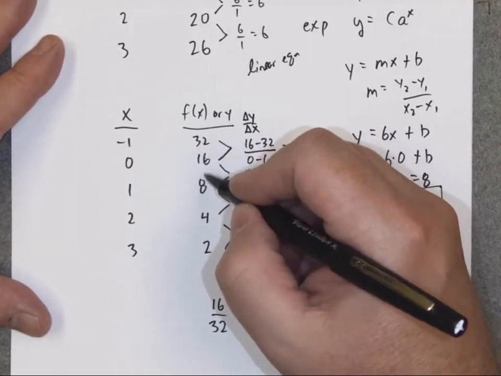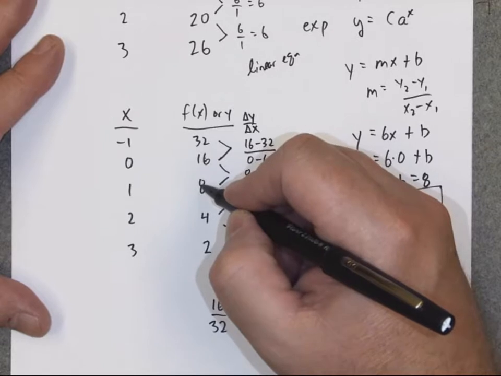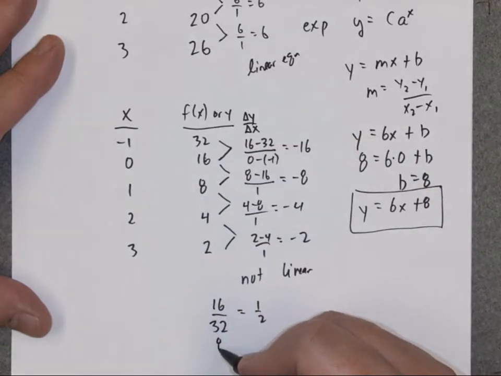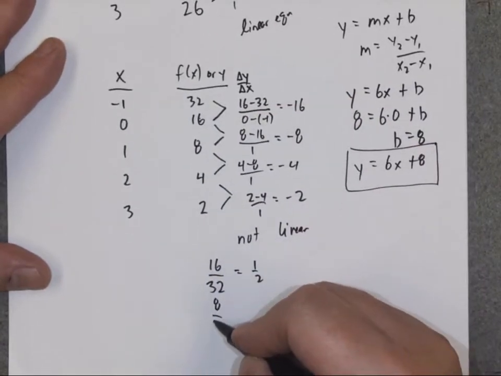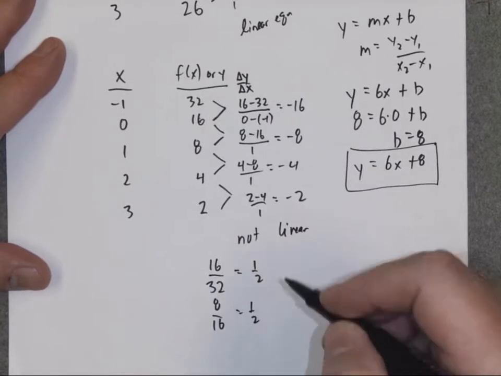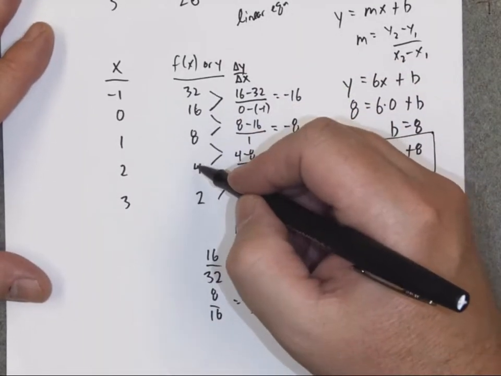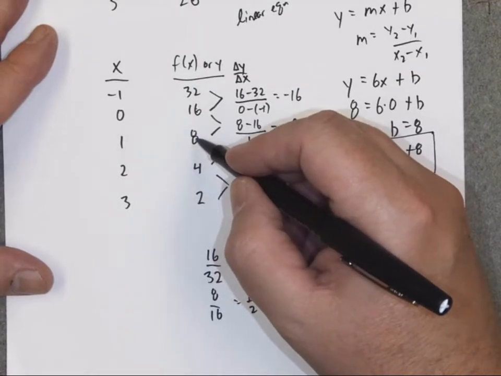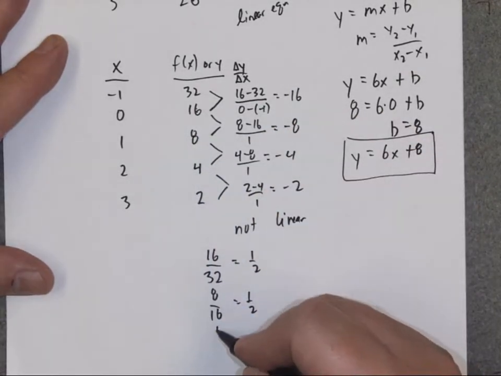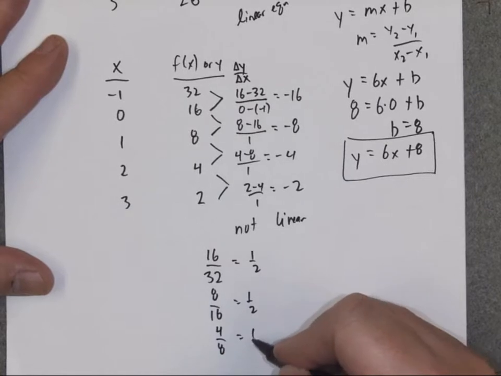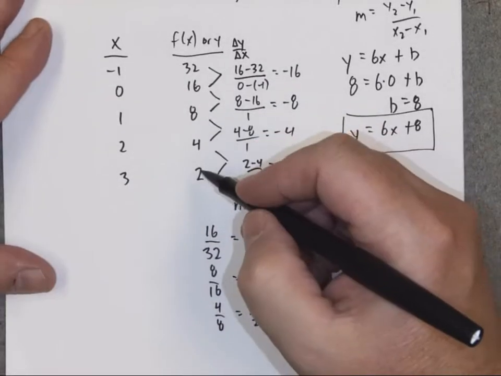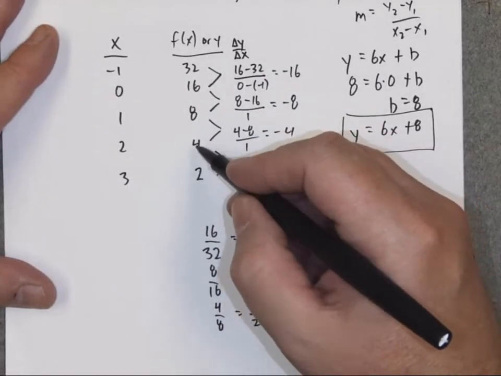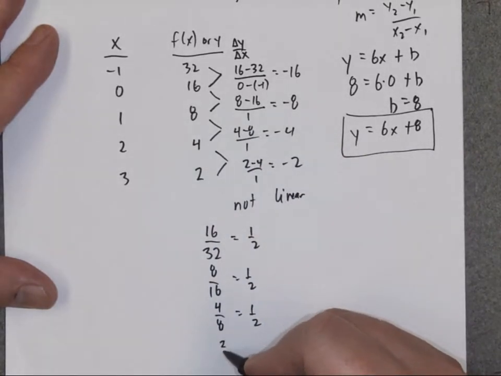Now if I compare these 2 points, I take the final y divided by the initial y. These 2 points, the final, or I call it the second y, divided by the first y. And the last 2, the final divided by the initial.